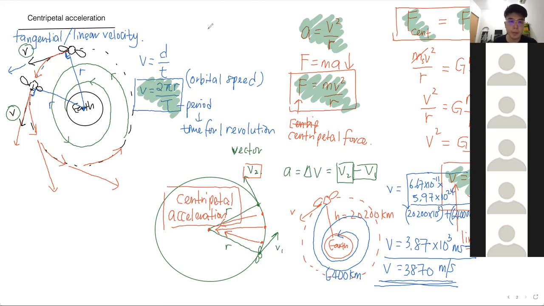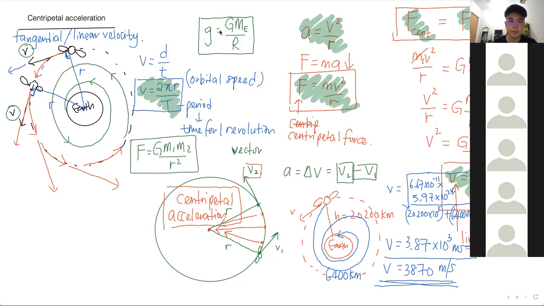What else? Also g equals G M, mass of Earth, over Earth radius squared. This one is 1. And the very general one, this one. So these are the formulas that you need in the calculation.